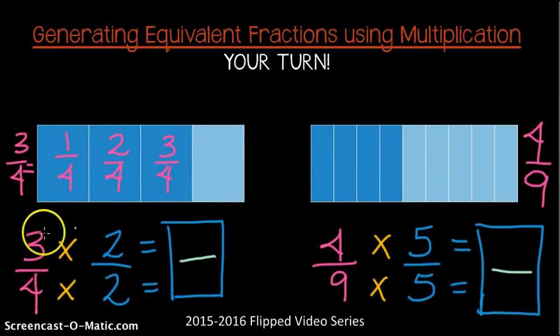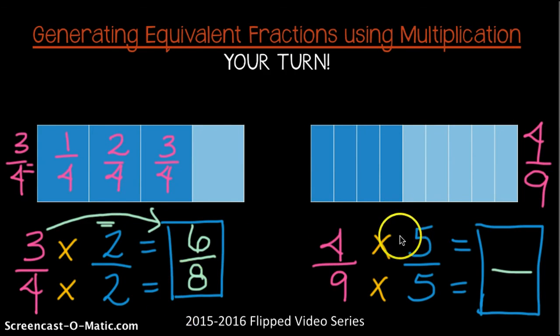So now, in making an equivalent fraction, I'm multiplying 3 times 2, and that is 6. 4 times 2 is 8. So 3/4 is equivalent to 6/8. Okay, let's go over here. 4 times 5 is 20. 9 times 5 is 45.